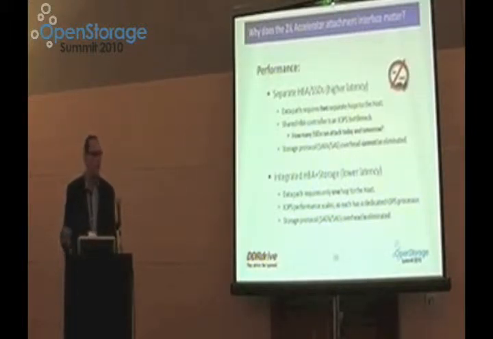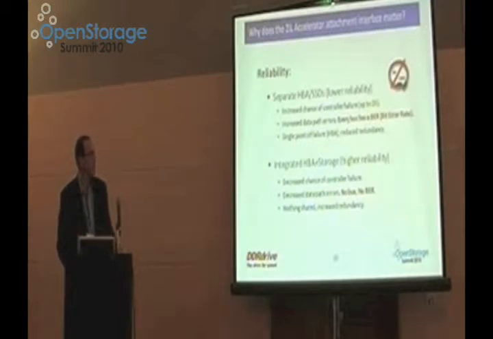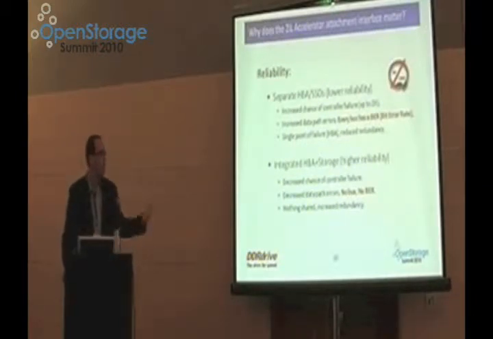Past that, your IOPS are stuck behind a controller that wasn't designed to be IOPS intensive. By removing that controller, like we do in our product, you'll see measurable performance results. Second is reliability. For enterprise customers this is critical, and you can't argue with FITs, failures in time. If you have two controllers and remove one, you've doubled your reliability. No bus, no BER.